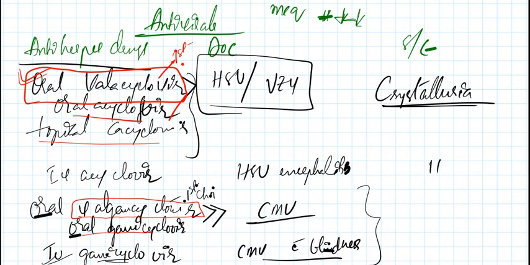The main and most dangerous complication is bone marrow suppression. Now, foscarnet is the drug of choice in resistant herpes.